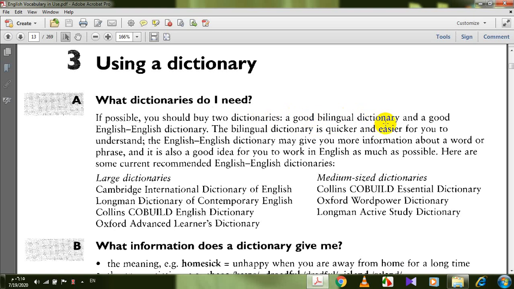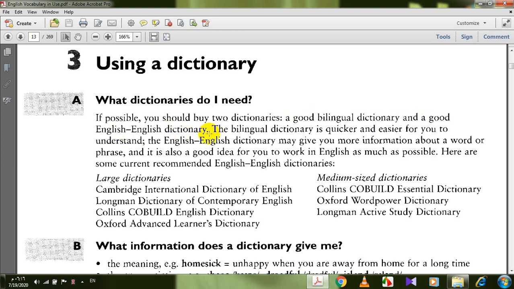It translates from English into Arabic, Arabic into English. So this is the first thing you have to have, a good bilingual dictionary and a good English dictionary.